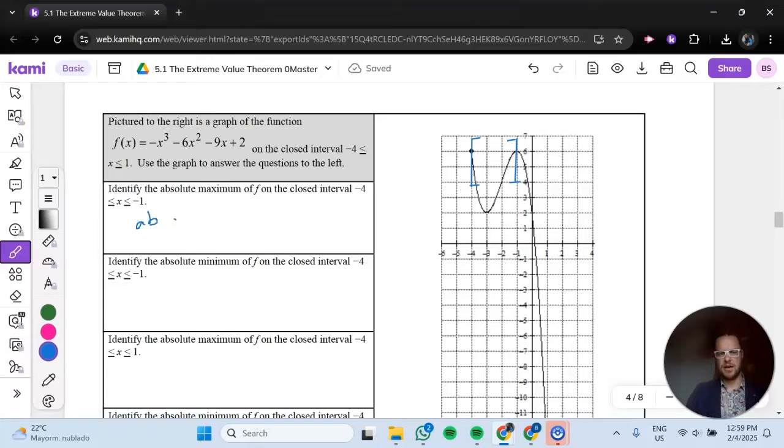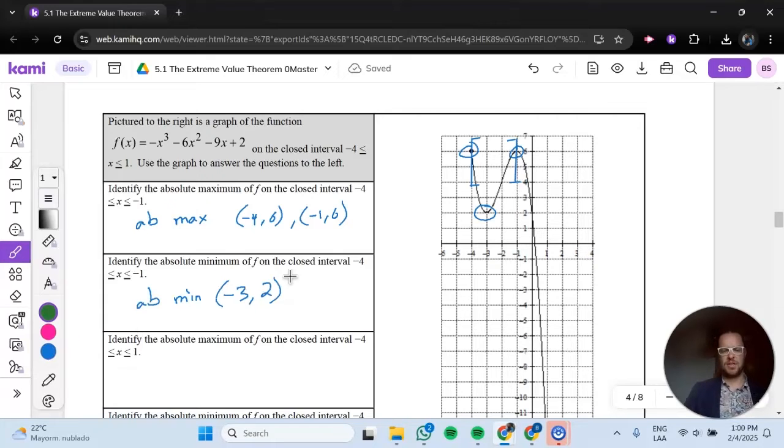And if we do that, our absolute max is actually these two endpoints. They are the same height. So we would get -4 and 6, as well as -1 and 6. Now, if we're looking for that absolute minimum on that same interval, that's going to be this one down here. So our absolute minimum is going to be at -3, and 2.